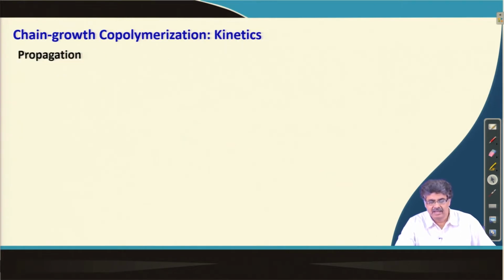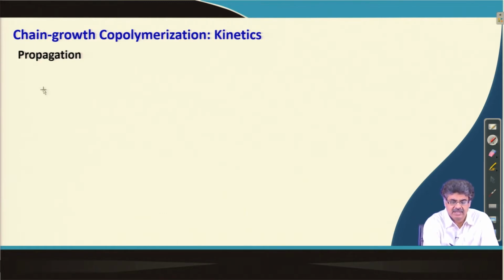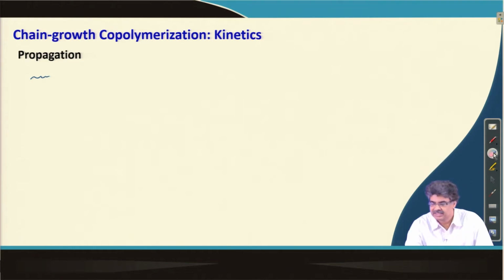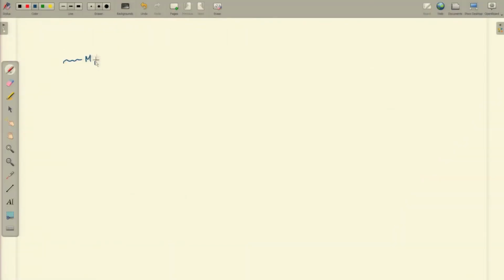Now, I discussed that like normal chain polymerization, the rate of polymerization depends on the rate of propagation, because most of the monomers are consumed during the propagation step. So, if we write the general propagation steps, this is say M1 star, which reacts with M1 giving you M1 star.